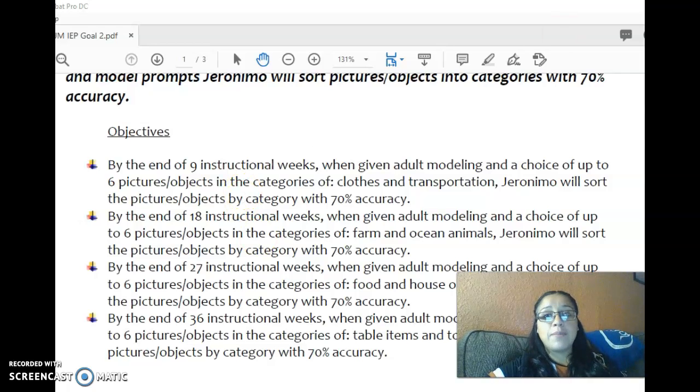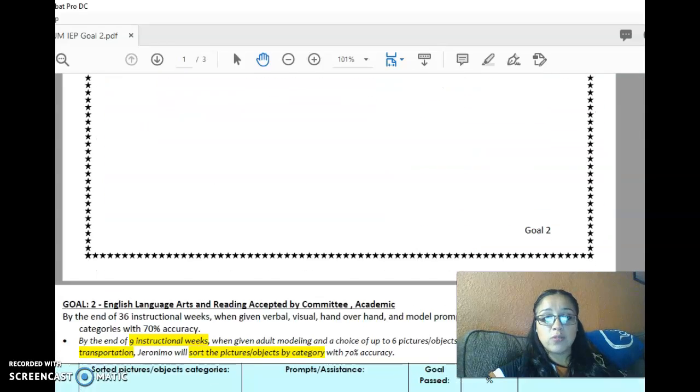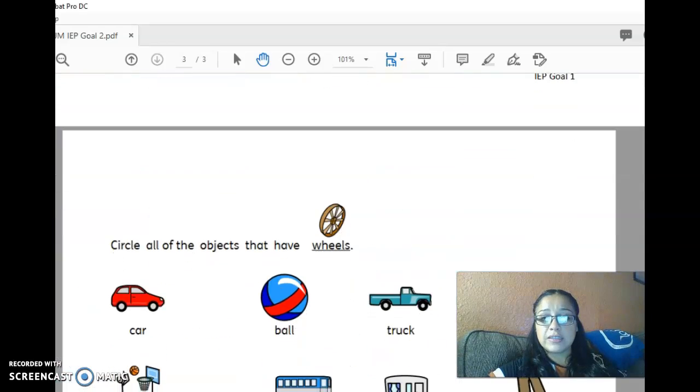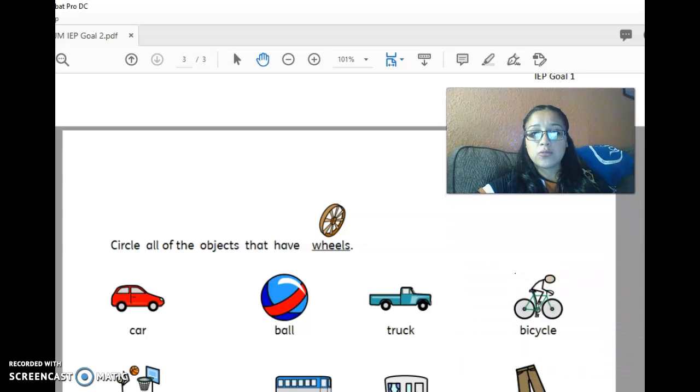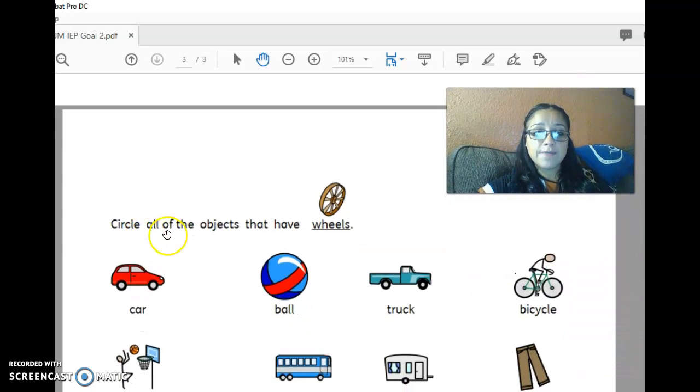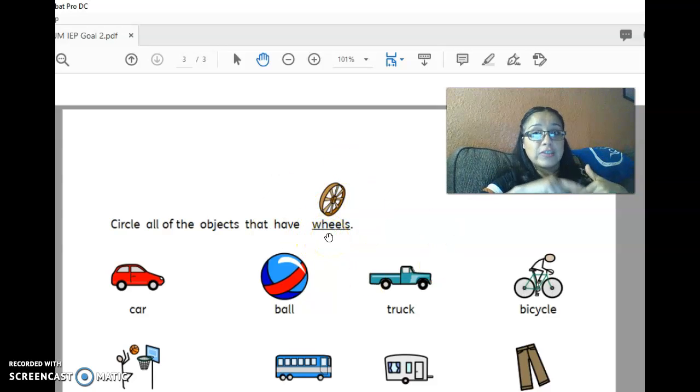So, with that being said, I want you to go ahead and work on your following worksheet. It is similar to the last one. You are going to be identifying and circling all the objects that have wheels. Remember, wheels, they're like tires, and we went over that. It is trucks, wheelbarrows, scooters, bikes, skateboards. There's a lot of things that have wheels.